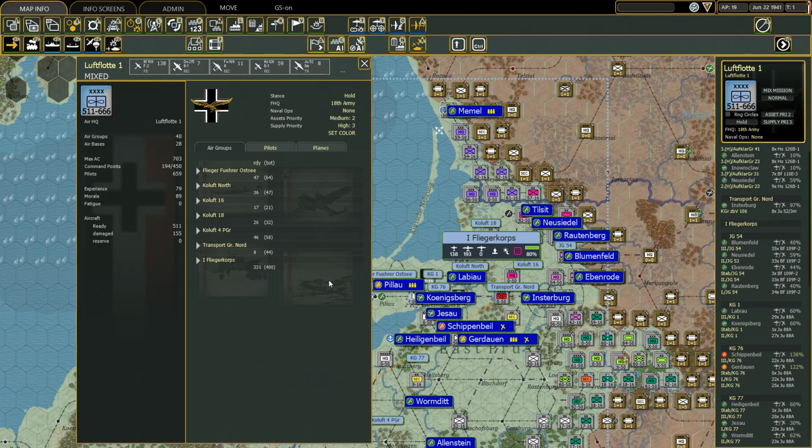In this category, you see the air groups, even though here you also see the AOGs, and these ready and total numbers mean the amount of ready planes and the total number of planes that these AOGs have.